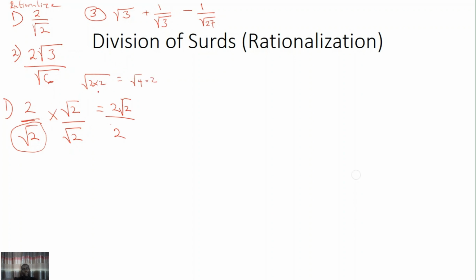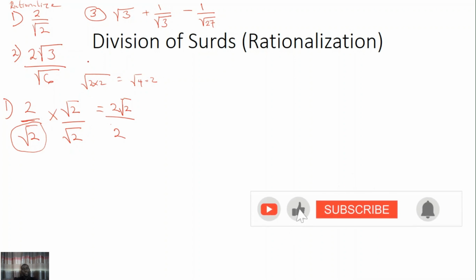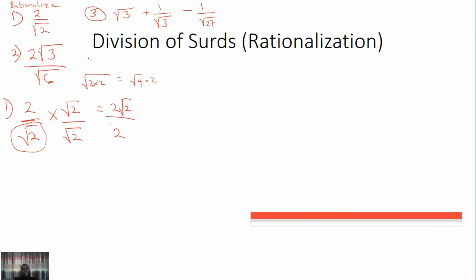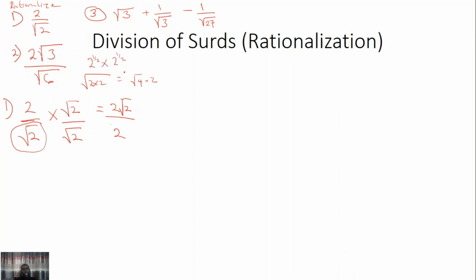Also, from the law of indices, if you have root 2 multiplying root 2, that will be 2 raised to power 1 over 2 times 2 raised to power 1 over 2. And this will be equal to 2 raised to power 1 over 2 plus 1 over 2, which equals 2 raised to power 1. This is another way you can look at it. You can watch my video on indices, you will see the link above.